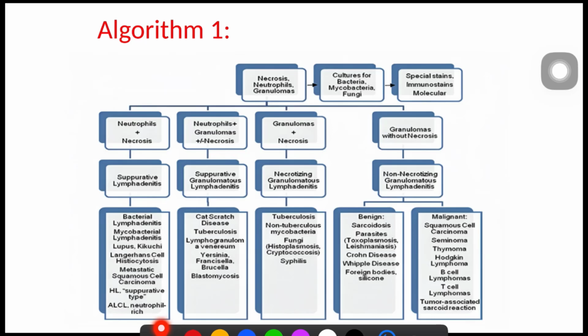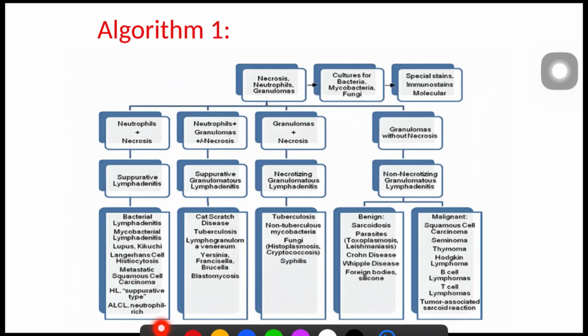If neutrophils and granuloma with or without necrosis, which is the caseating type, then it is suppurative or granulomatous lymphadenitis, where tuberculosis, other fungal diseases and cat scratch disease are in the differential diagnosis. Granulomas with necrosis indicate necrotizing granulomatous lymphadenitis, where tuberculosis, non-tuberculous mycobacteria as well as fungi are common, along with syphilis.